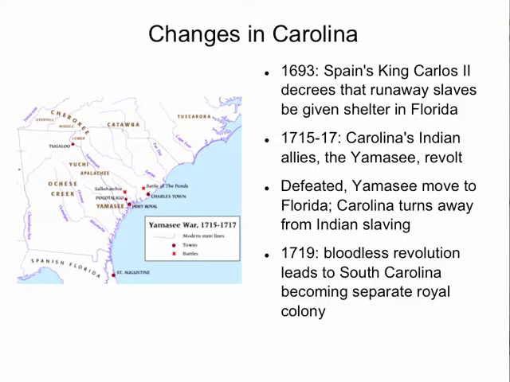In 1719, the governor in Charleston became unpopular with some of the leaders of the white settlers there, and they revolted against him. It was a peaceful revolution. No shots were fired, but they deposed their governor, and at that point, South Carolina splits off from North Carolina and becomes a separate colony.